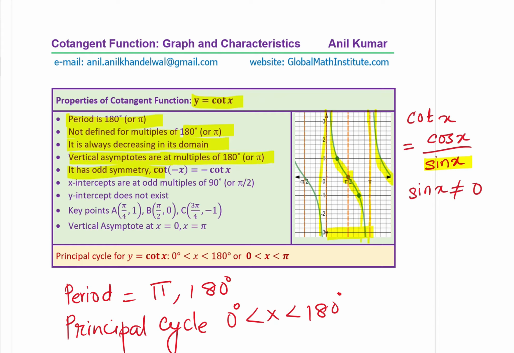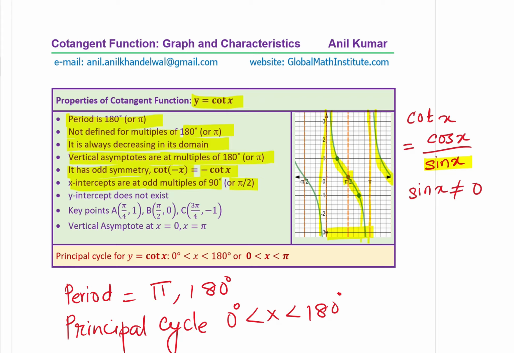It has odd symmetry. Odd symmetry, just as tangent function, cotangent has odd symmetry. Cot of minus x is equal to minus of cotangent x.